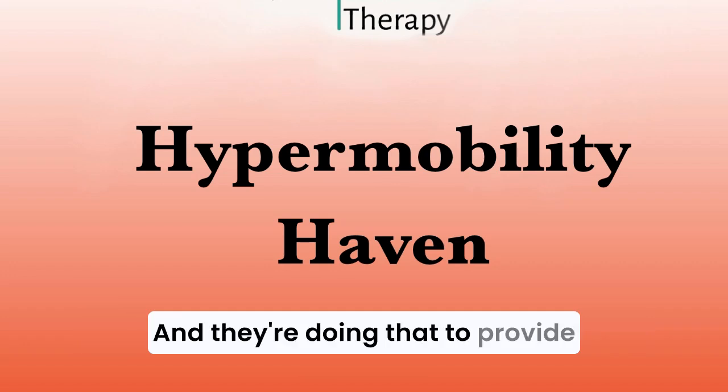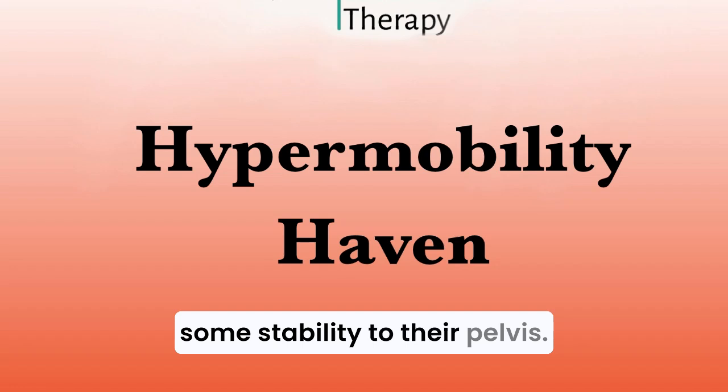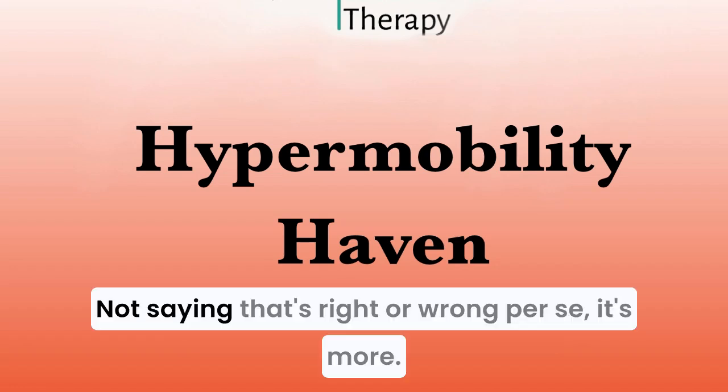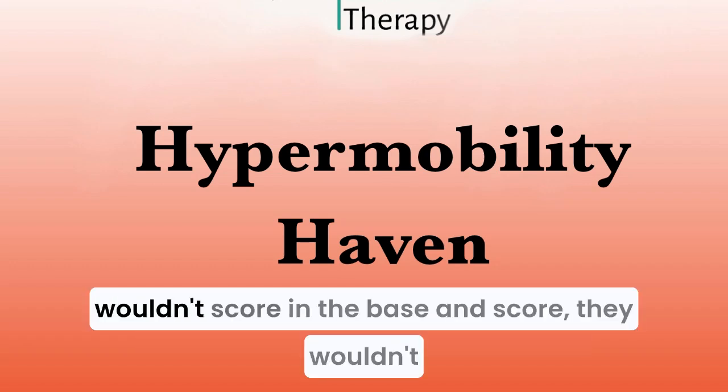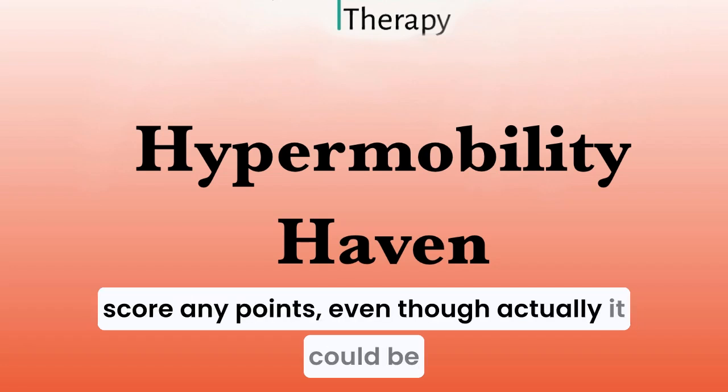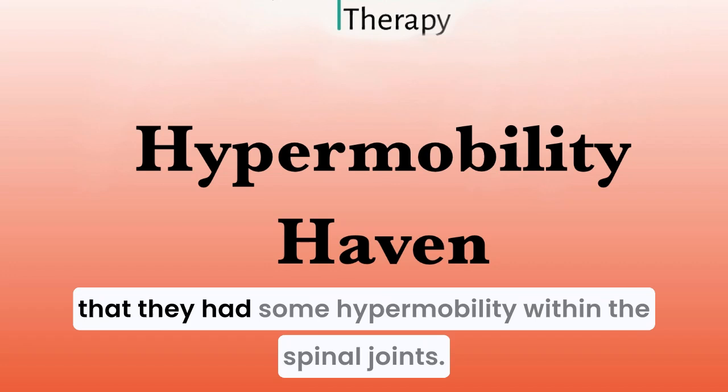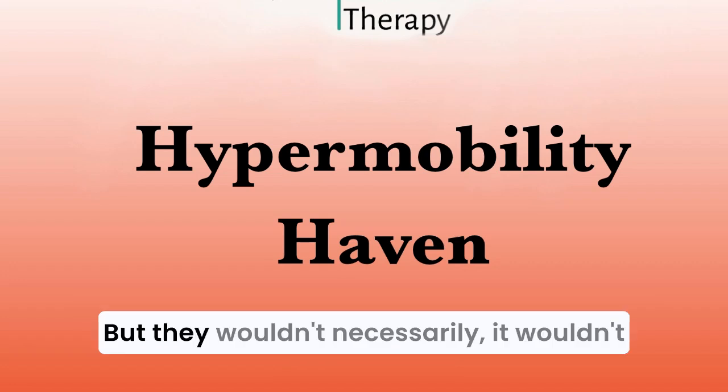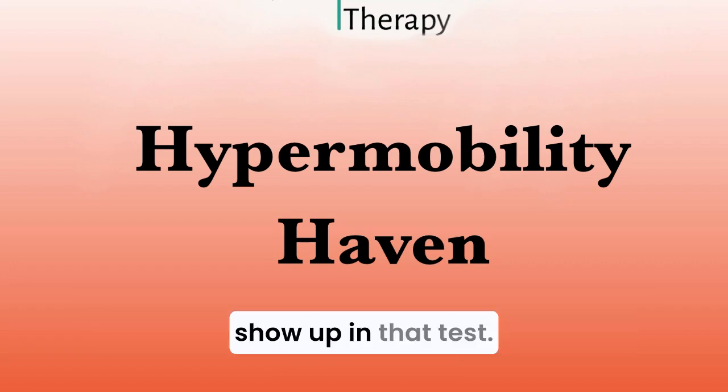And they're doing that to provide some stability to their pelvis. I'm not saying that's right or wrong per se. It's more that if they were then to do a test, they wouldn't score any points on the Beighton score, even though they could have some hypermobility within the spinal joints. It wouldn't necessarily show up in that test.